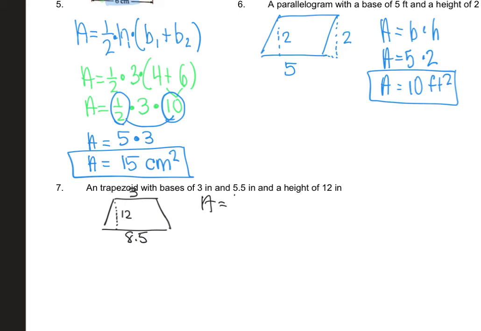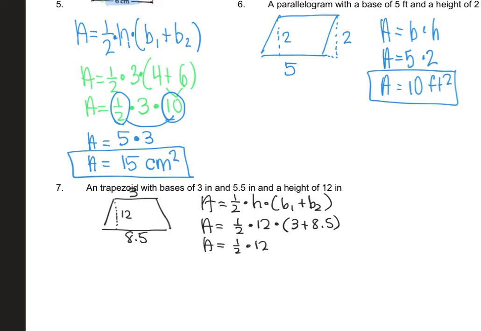So I have area equals 1/2 times the height, times base 1 plus base 2. I plug all that in, and I get 1/2 times 12 times 3 plus 8.5. So I'm going to add that. I'm going to get A equals 1/2 times 12 times 11.5.